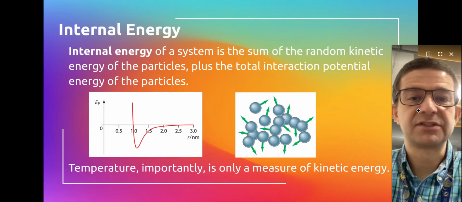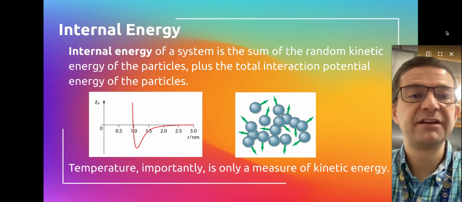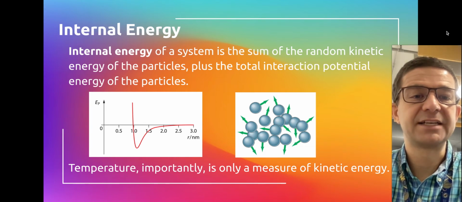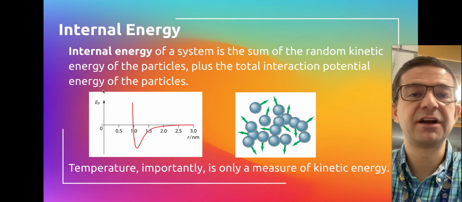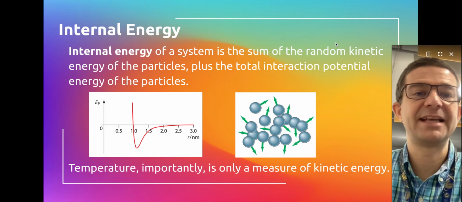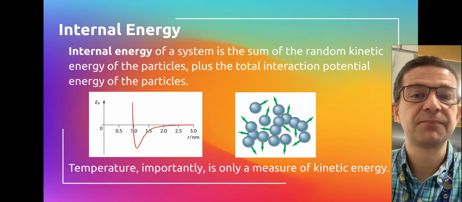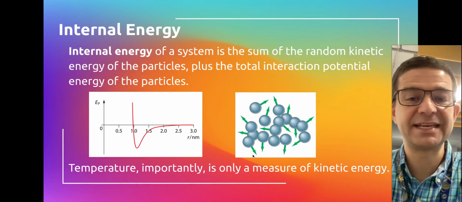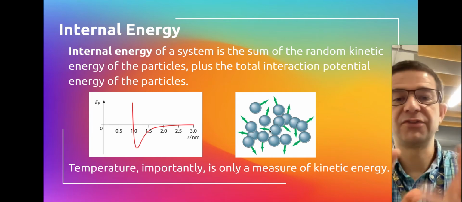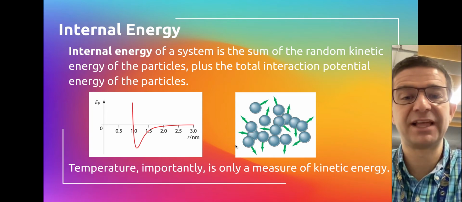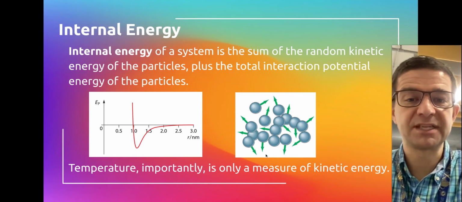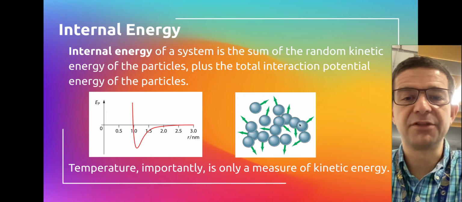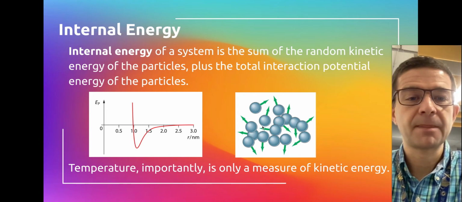As a quick reminder, these are some things that we're going to pull in from topic 3. We have this idea of an object has an internal energy associated with it. And the internal energy is the sum of the random kinetic energy of particles, the motion of them. In this case, we have like a liquid represented here by this atomic spacing, and those particles are all moving.